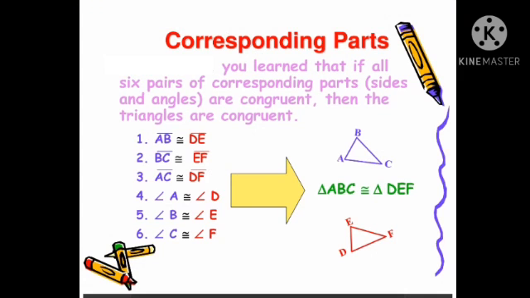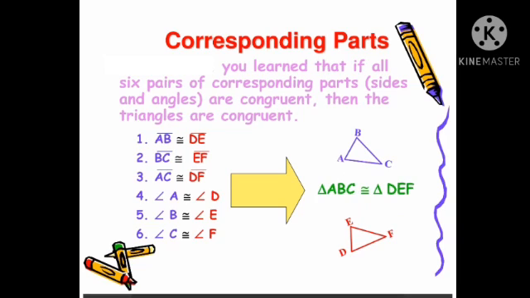Next, we are going to discuss corresponding parts. Observe here, two triangles are given. These two triangles are congruent to each other. Then how can we identify corresponding parts from the symbolic form? First, we have to identify corresponding sides. That is, AB is congruent to DE, BC is congruent to EF, and AC is congruent to DF.